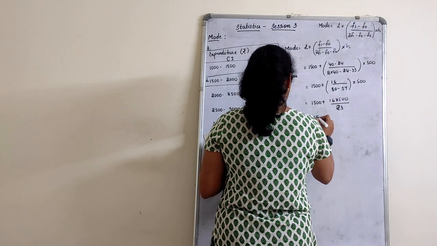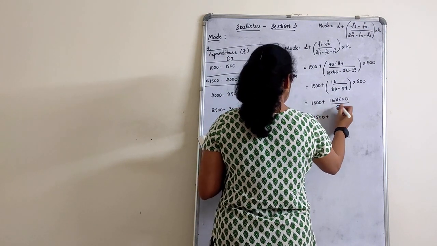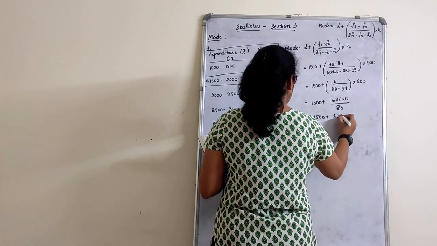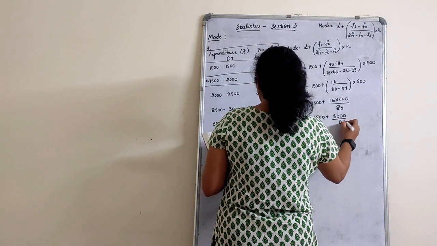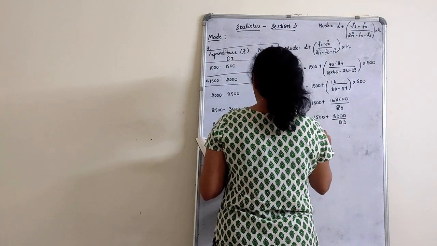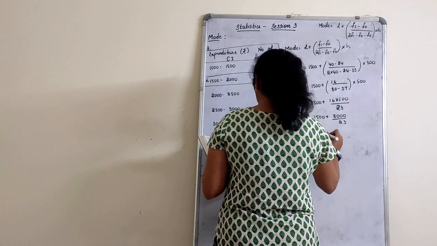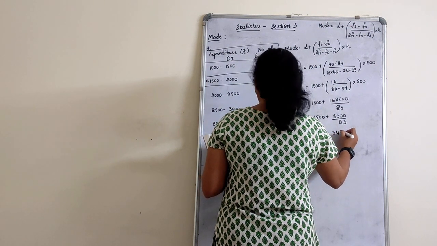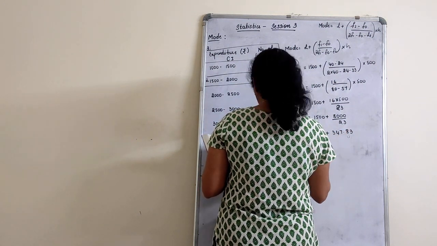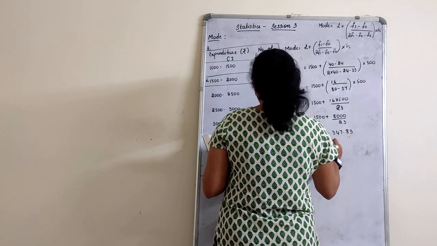So this is 1500 plus 16 5s are 80, 8000 divided by 23. 1500 plus 347.83 approximately.